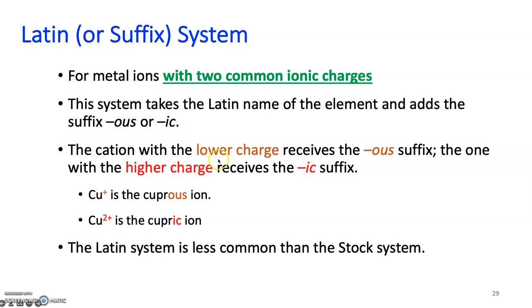The cation with the lower charge receives the -ous suffix, and the one with the higher charge receives the -ic suffix. Copper 1+ is the cuprous ion and copper 2+ is the cupric ion, because copper 2+ has a higher charge than copper 1+. Now, the Latin system is less common than the Stock system that I taught in the previous slide.